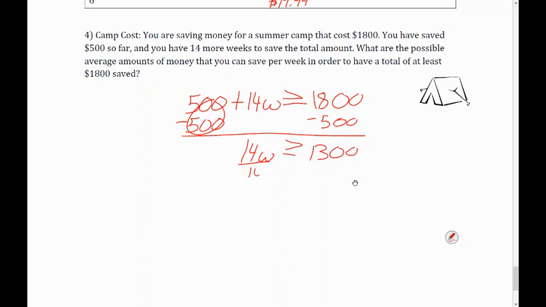We're dividing by 14. And W is greater than or equal to approximately $92.86 per week. Okay? So it says, on average, what do you need to save every week? Basically, $93 a week. Okay?